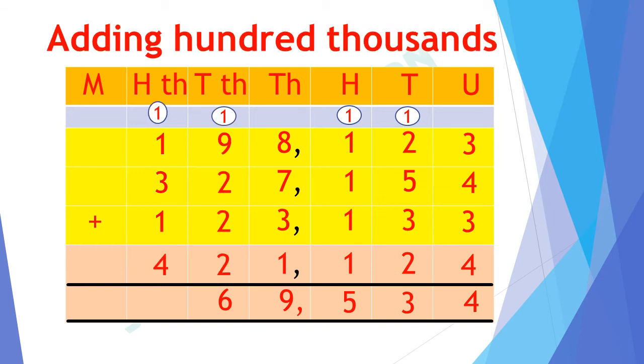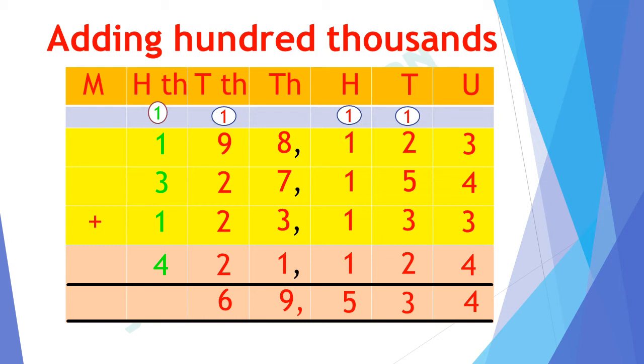Now we will add 100,000s column. Here we have 1. In 1 if we add 1 we get 2. In 2 if we add 3 we get 5. In 5 we will add 1 and we get 6. In 6 we will add 4 we get 10.